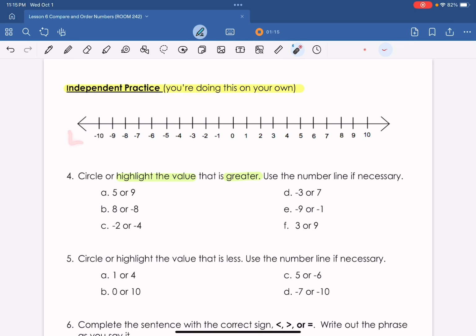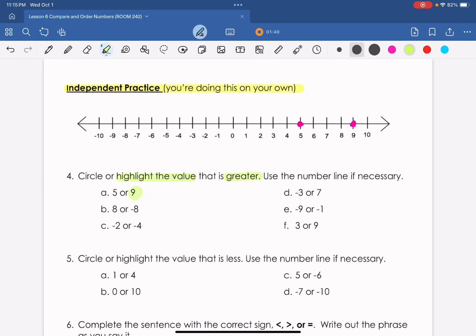Okay, so let's practice plotting. I have the value of 5 and the value of 9. And if I'm looking at my number line, 9 is further to the right. So 9 is the greater value.